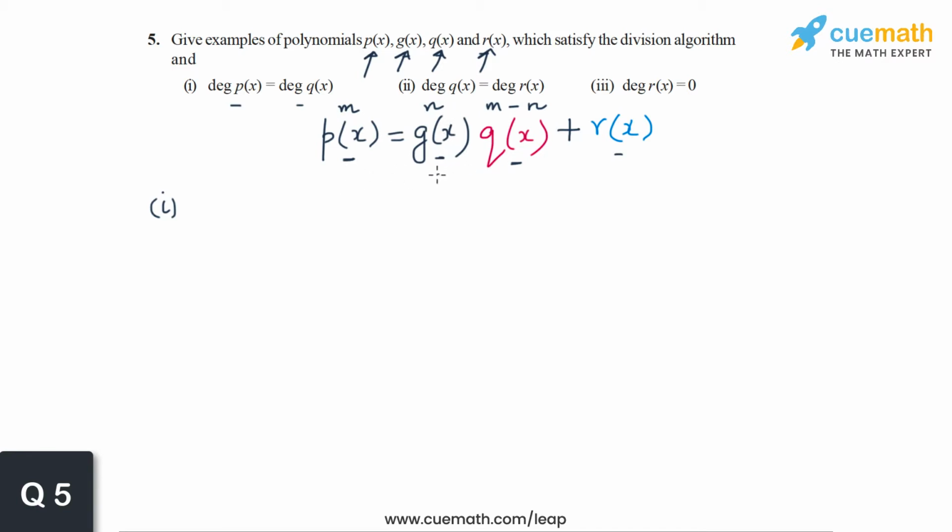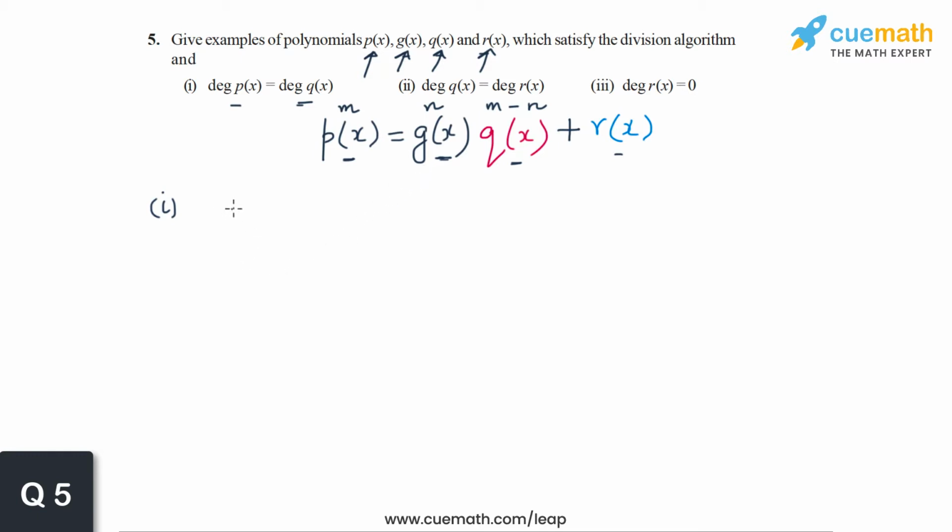So what could be a possible case when the quotient polynomial has a degree equal to the degree of the dividend? Well, the only possibility is if g(x) itself has a degree of 0, if the divisor is a constant polynomial.